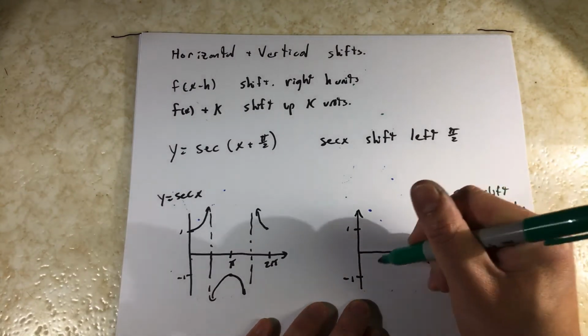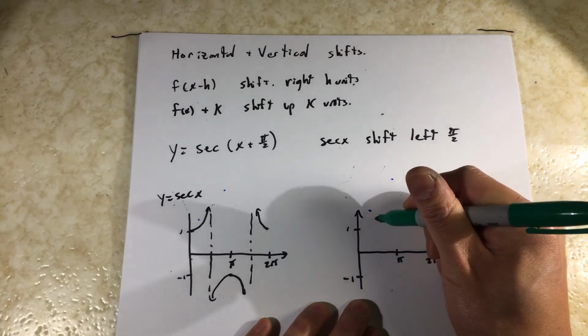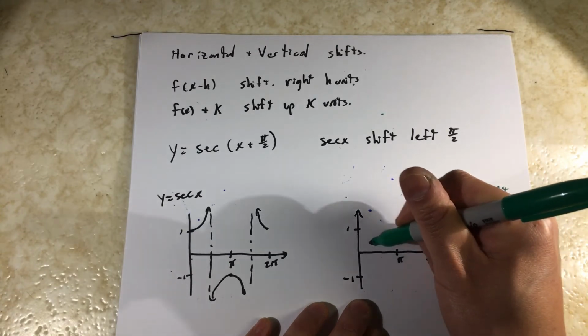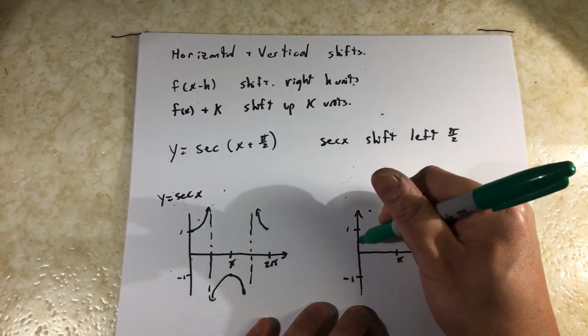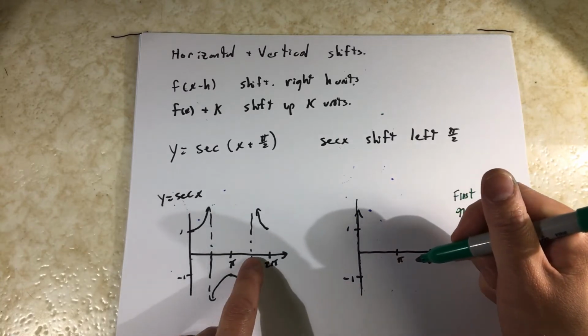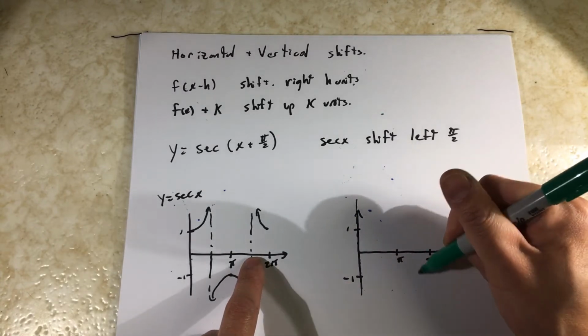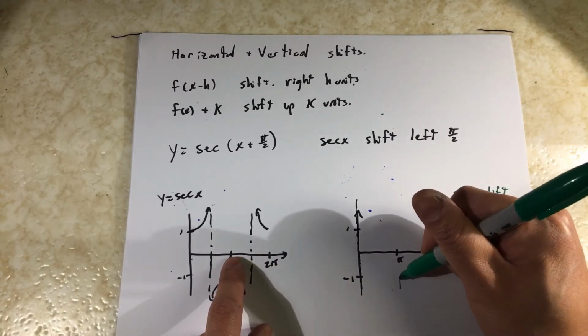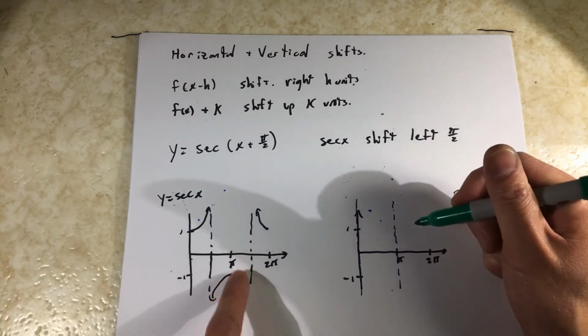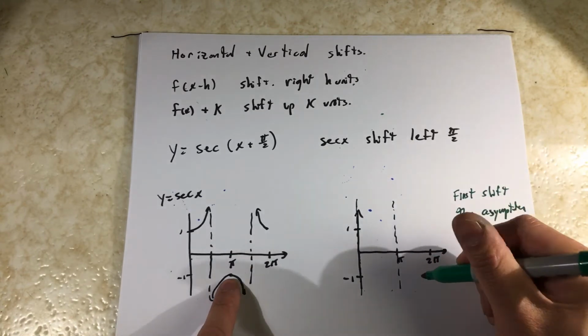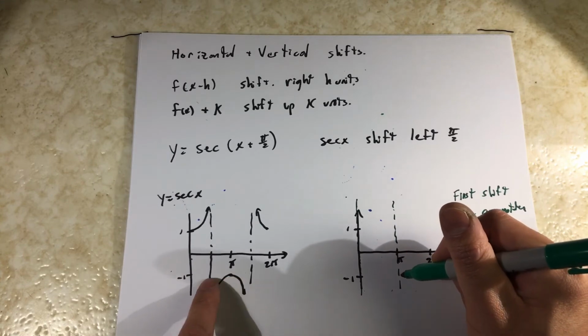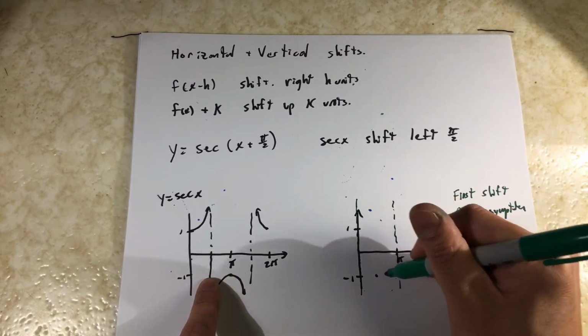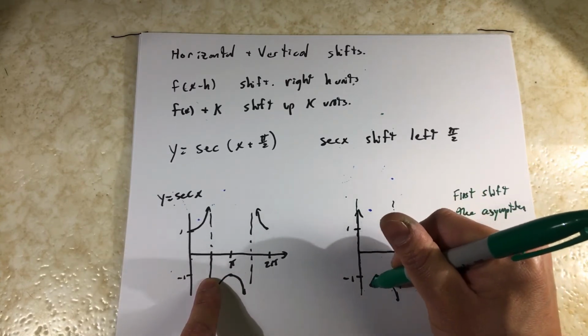All right, so we originally had an asymptote at pi over 2, so we're going to shift that left to 0. And then this asymptote was originally at 3 pi over 2, but we're going to shift it to pi. And then we're going to look at other things. So we had this point at pi that's going to shift left to here, and so that shape is going to be down here.